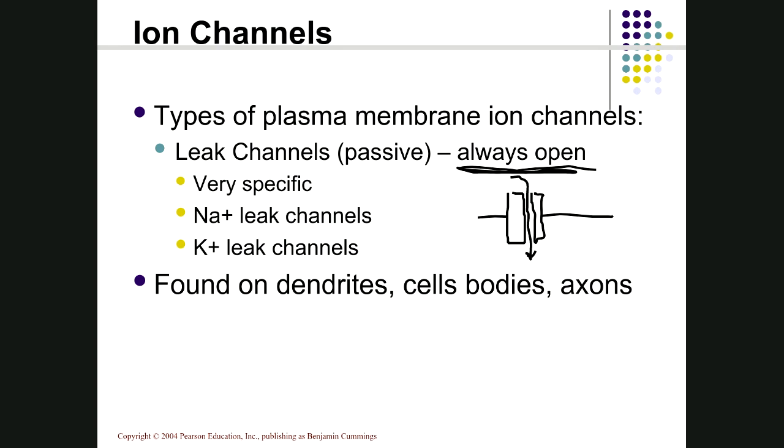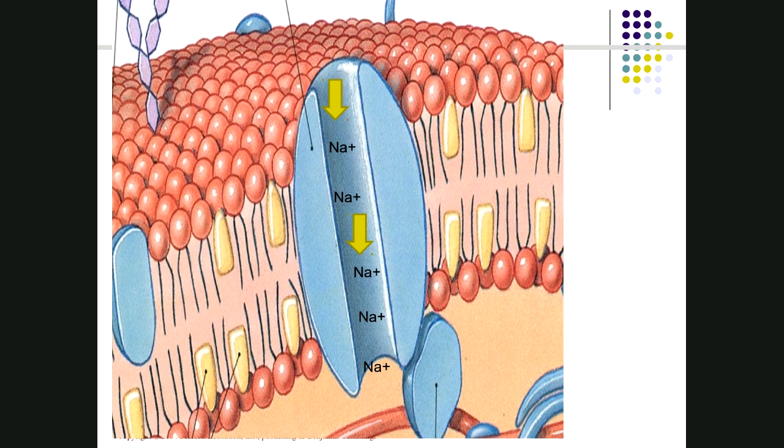It's just always going to go from high to low. So again, here's a sodium leak channel. And because of the way the sodium is going, I know that the concentration of sodium is higher out here, and the concentration of sodium is lower in here. Does it make sense?